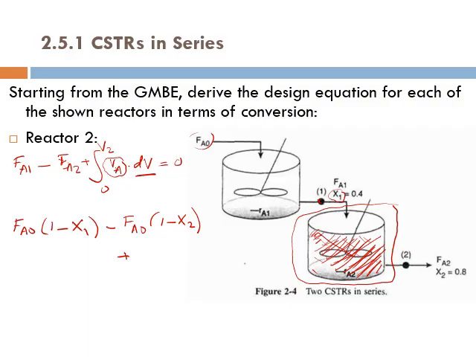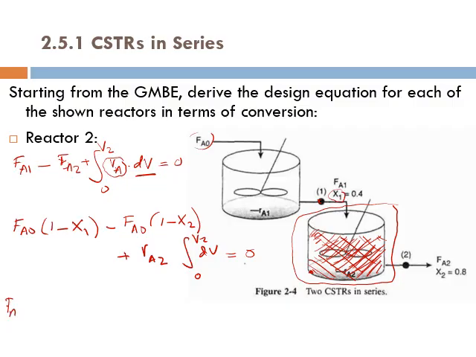Okay, so that means we have here RA, because it's not a function of the volume, so it goes outside, and it says RA2. That means the rate of reaction inside reactor 2, integration of dV from 0 to V2. That means over the whole reactor, from volume 0 all the way to the complete volume, equals 0. Okay, so let's open up the bracket here.